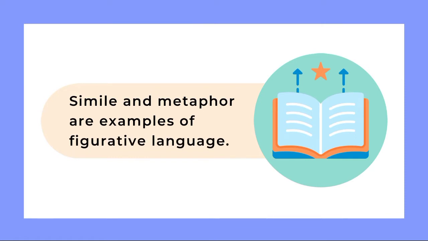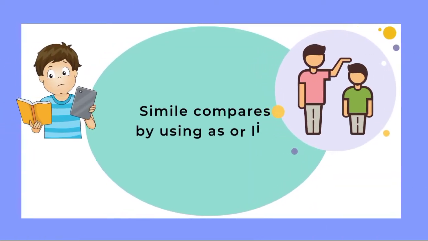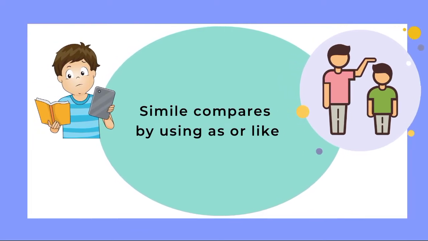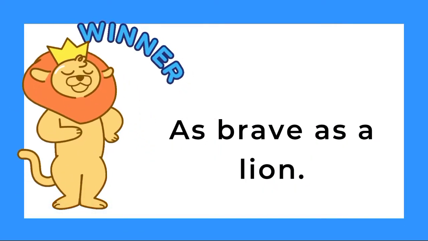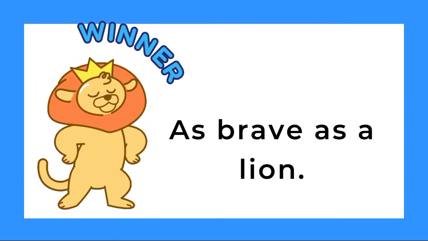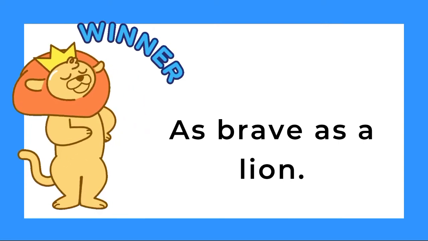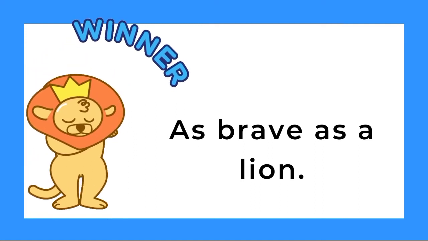Simile makes use of as or like when comparing two things. Instead of saying he is brave, like I stated earlier, I could say he is as brave as a lion. You see, a lion is giving me a picture. Even if I do not know the meaning of the word brave, I know that a lion is a fearless animal.